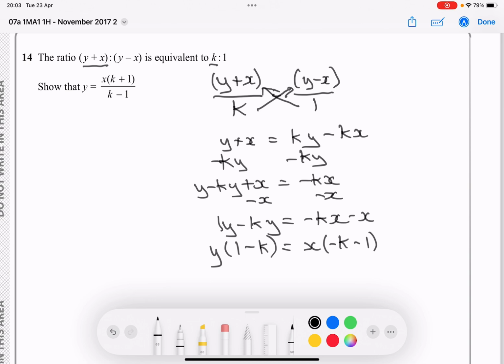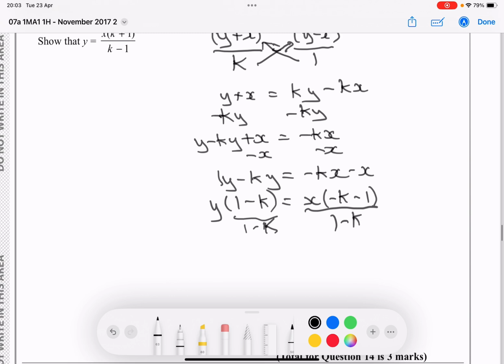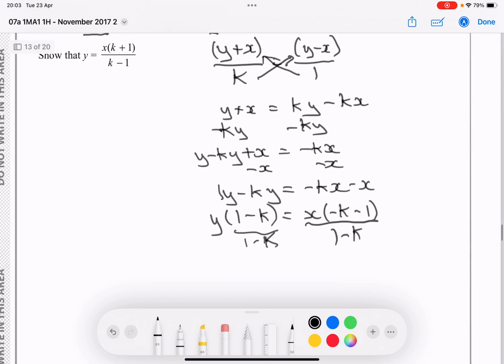So what I'm now going to do is divide by the 1 minus k, and divide this by 1 minus k on the other side. Mine looks a little messy, and I've got to do a little bit of manipulation here just to make this look right.